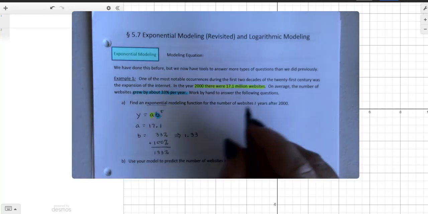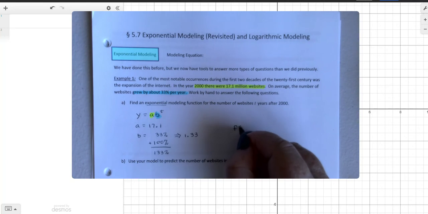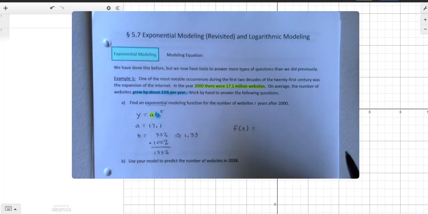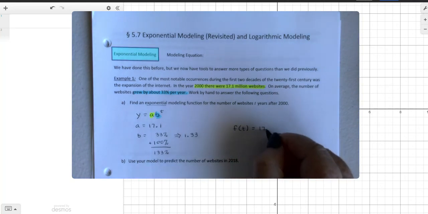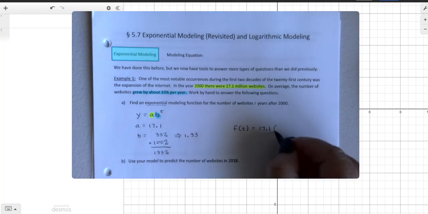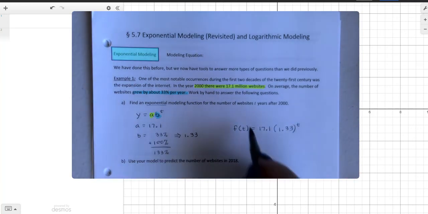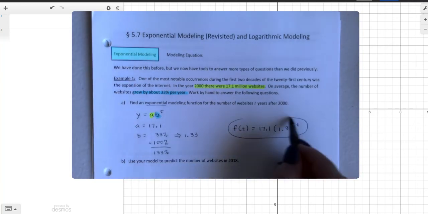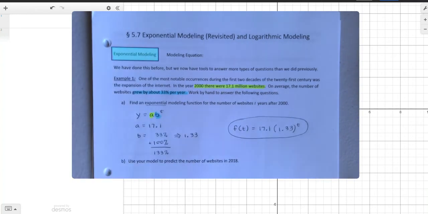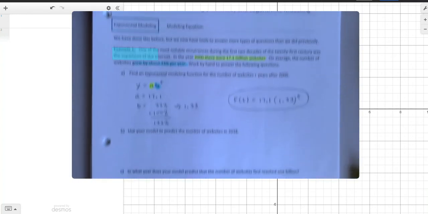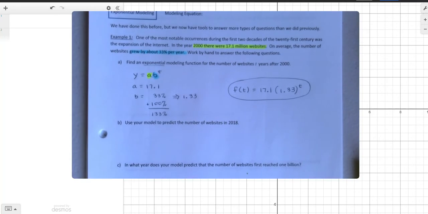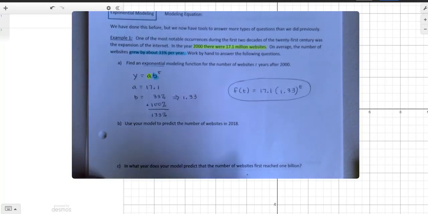So I'm going to go with f of t is 17.1 for a times the 1.33 to the t power. All right, that hopefully looks at least somewhat familiar because we have done that before.